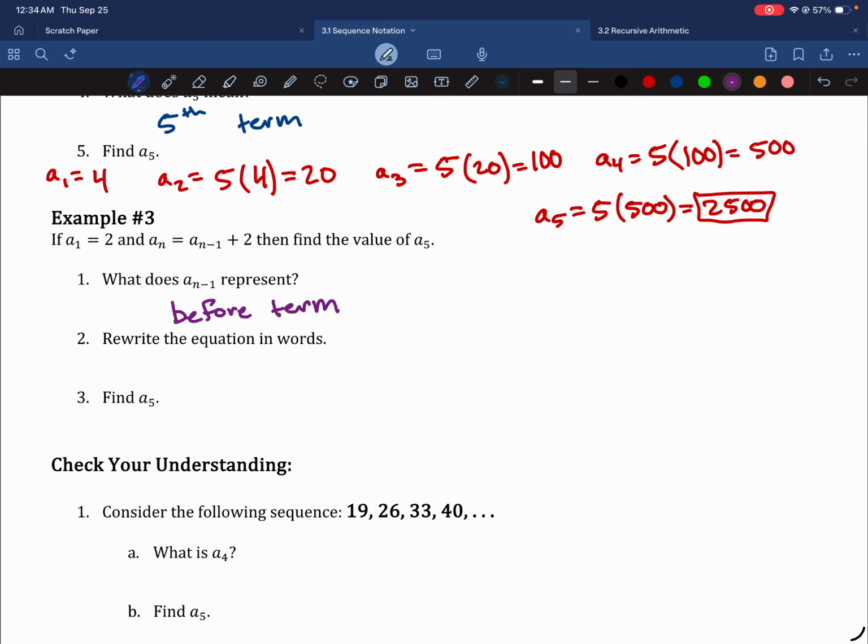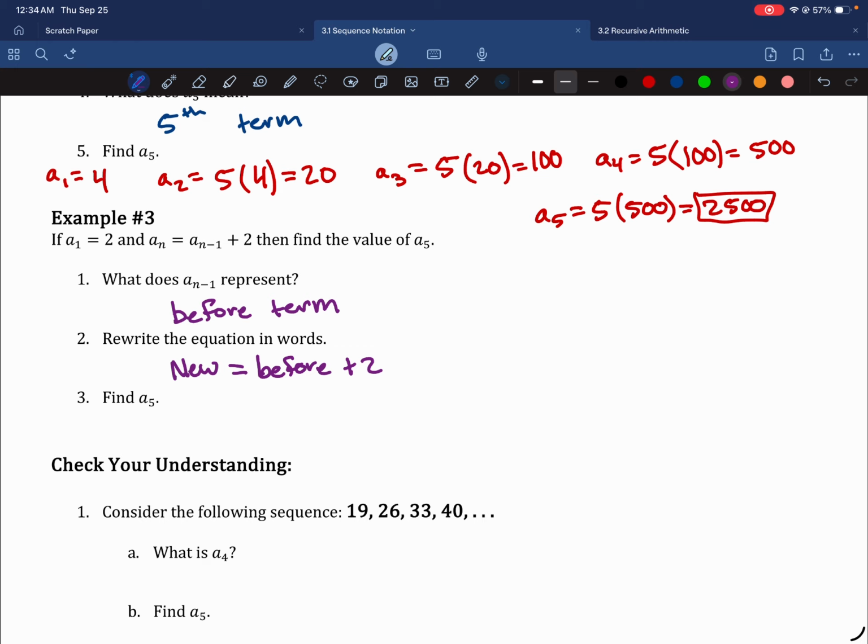Now rewrite the equation in terms of words. Well, remember, this was the new term, which is equal to the before term plus 2. So now I have it in terms of words.